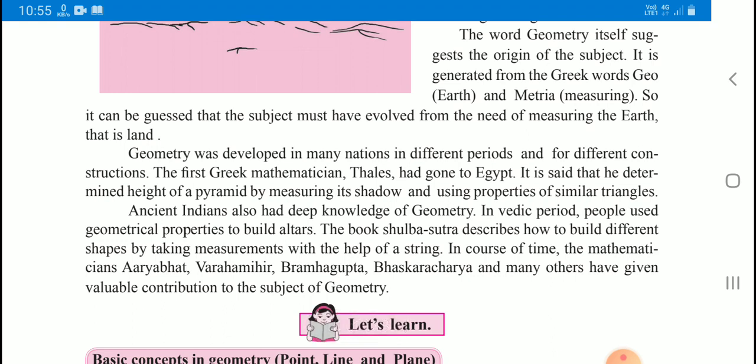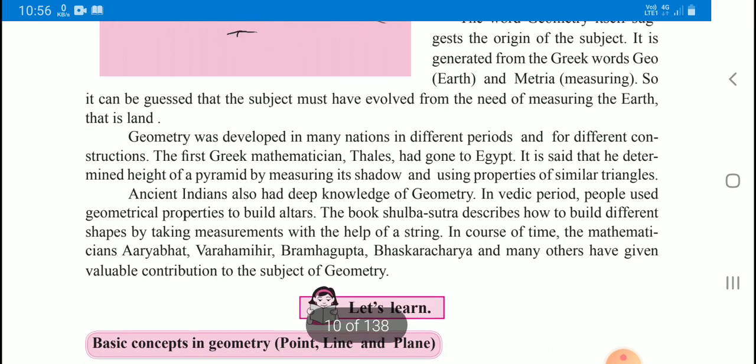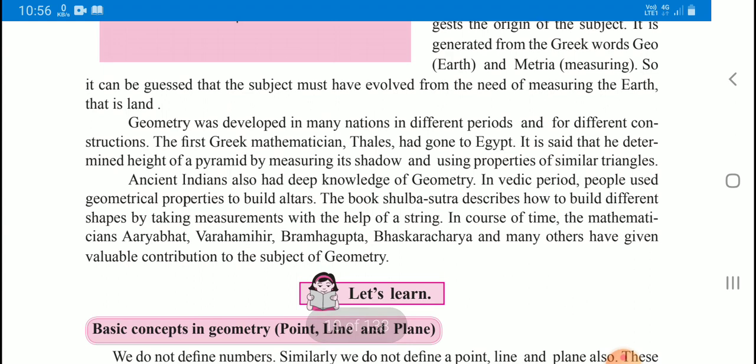The first Greek mathematician, Thales, had gone to Egypt. It is said that he determined the height of a pyramid by measuring its shadow and using properties of similar triangles. Ancient Indians also had deep knowledge of geometry. In the Vedic period, people used geometrical properties to build altars.